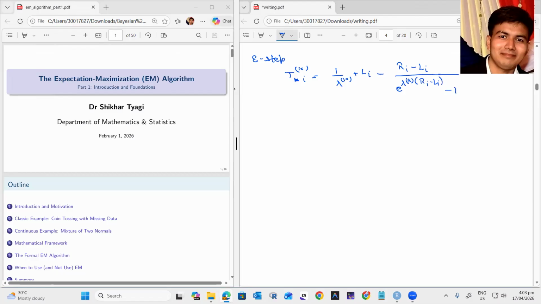Li, Ri and lambda at the kth iteration were defined in the previous lecture.